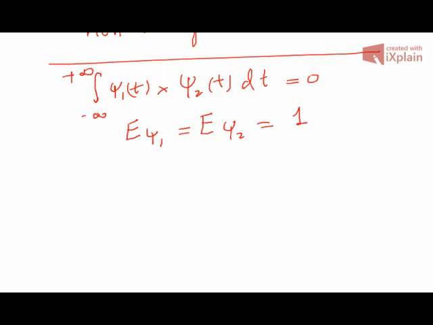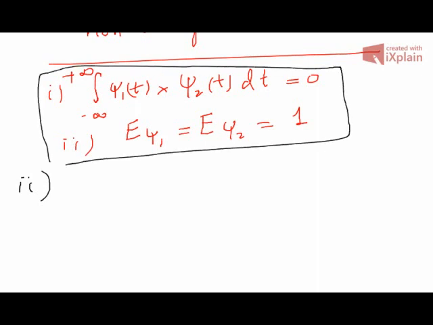Then they form orthonormal basis functions. So for the solution of the second part, we need to verify these two properties, right? So let's try to verify it. Psi 1 of t and psi 2 of t.